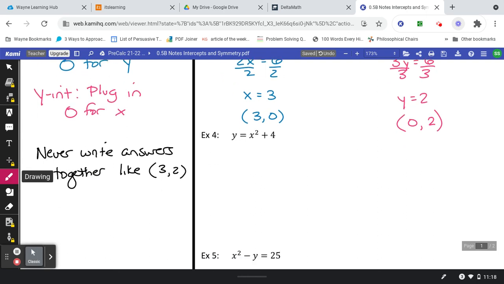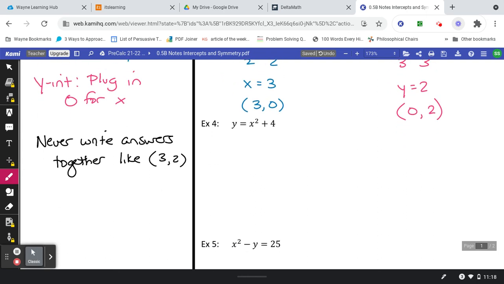All right, the next one has a square in it, but we're going to set it up the exact same way. And you don't have to change the equation. Just the way it is, we're going to go ahead and plug it in. So our x-intercept, we're going to plug in 0 for y. And then we'll solve. So I'll need to get the x squared by itself.